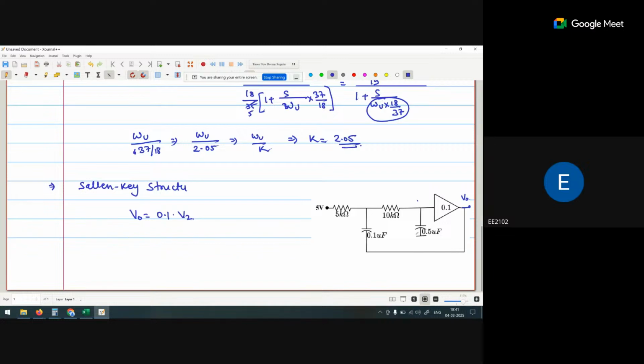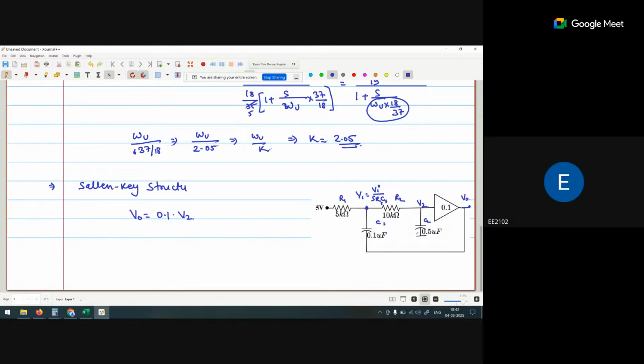If this is the V2 voltage, the voltage at this one is V1, and that voltage is nothing but Vi upon SRC. This is R1, this is C1, this is R2 and C2. So S R1 C1 is the voltage at this point.